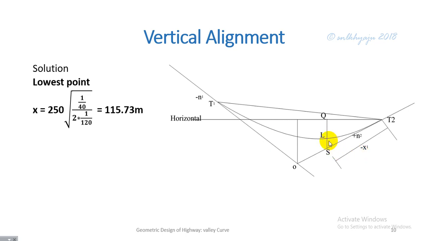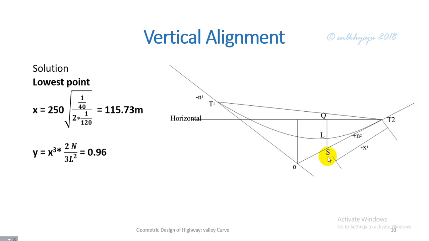The lowest point lies at a distance x from the vertical tangent point on the flatter slope. x is calculated as 250, the length of the valley curve, times root under flatter slope n2, that is 1 by 40, divided by twice N, where N, the deviation angle, equals 1 by 120. It is calculated as x equals 115.73. That is, the lowest point on the vertical curve lies at a distance of 115.73 meters from the vertical tangent point along the flatter slope.